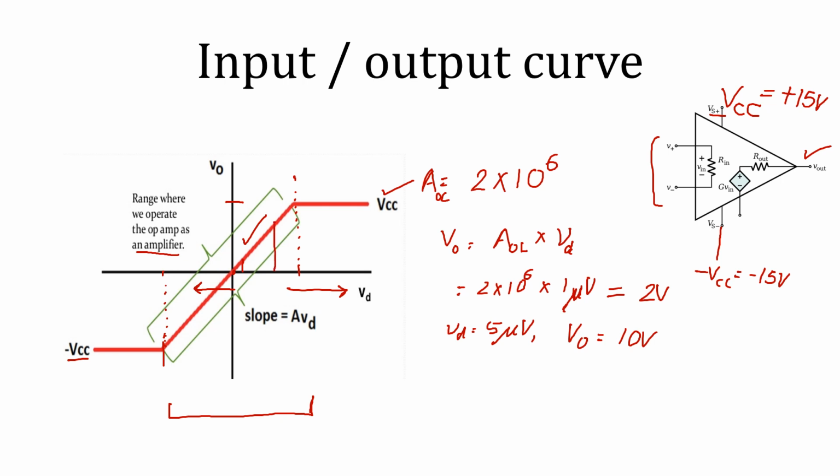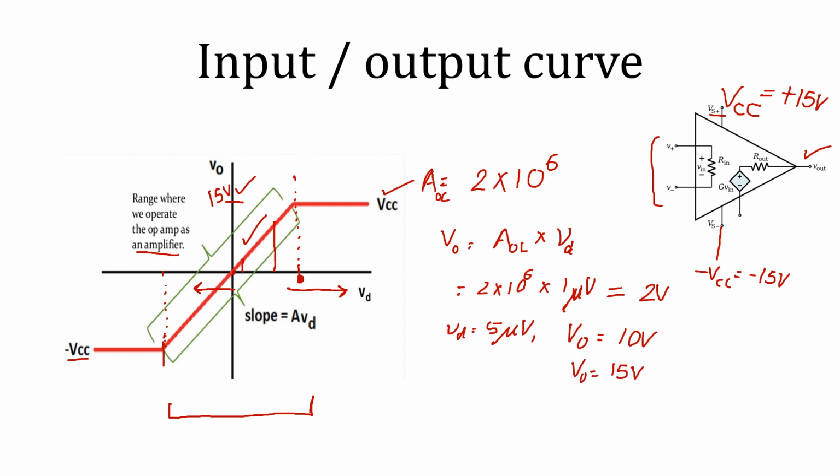Since we know that the maximum output we can get is 15 volt, can you calculate the value of VD when we are able to get an output of 15 volt?